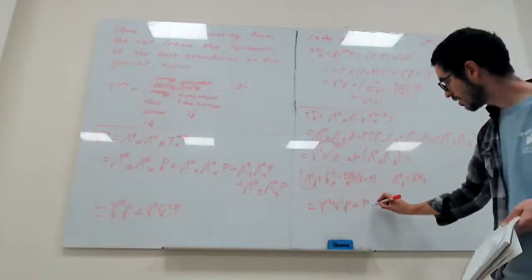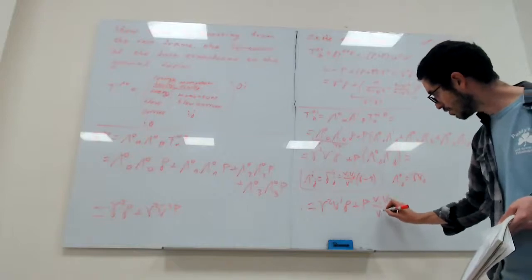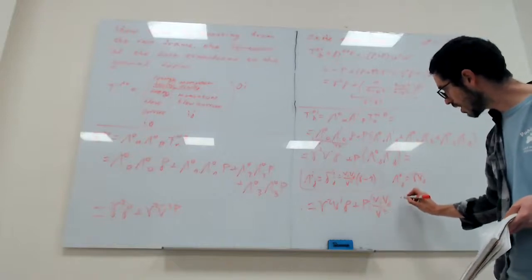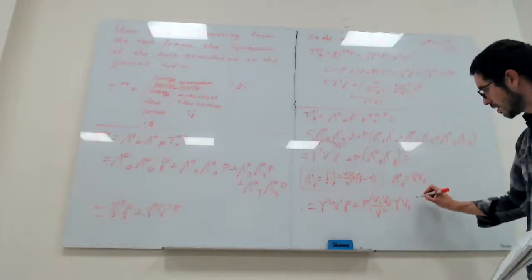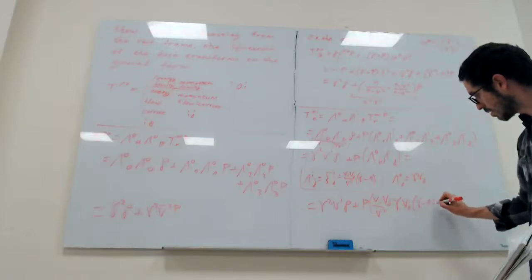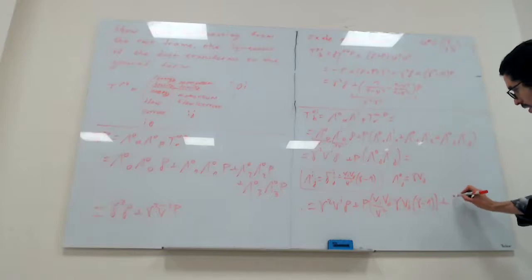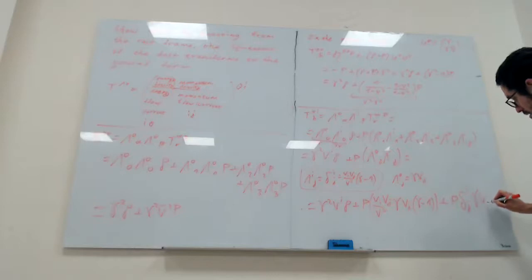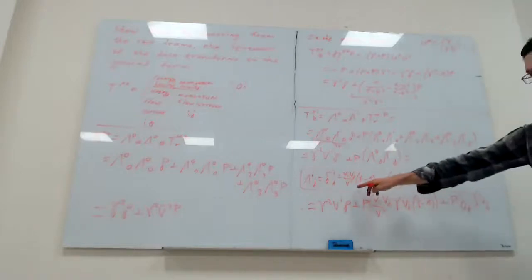We have vi vj over v squared times gamma vj times gamma minus 1, plus p delta ij gamma vj. Okay? I just substitute all of these here. So first I relate to this part.